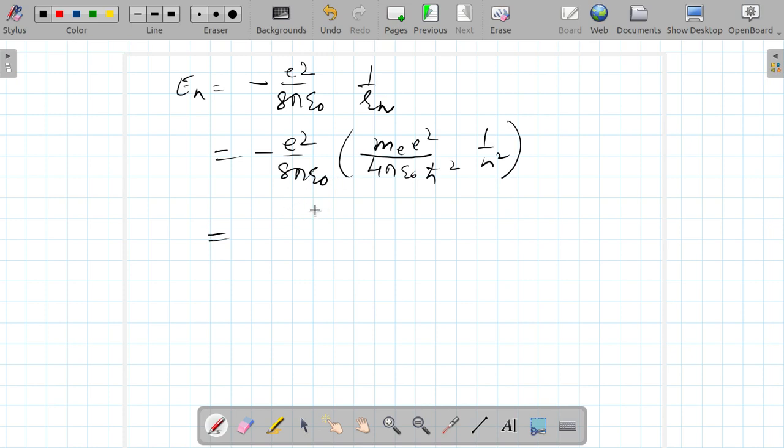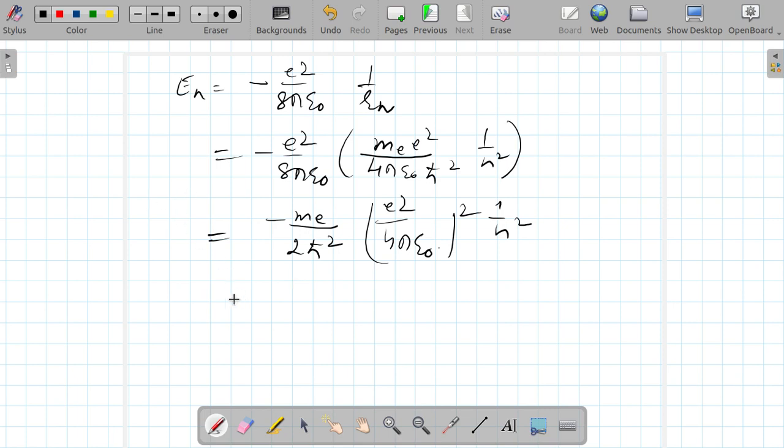So after simplification this will become minus m_e over 2 h cross square into e square over 4 pi epsilon naught, whole square, times 1 by n square. So that means this E_n is basically equal to this one.